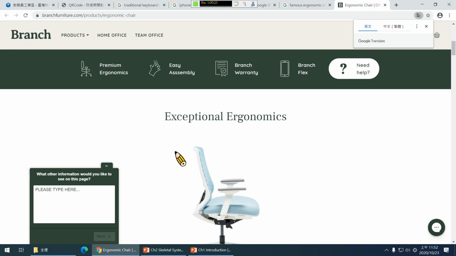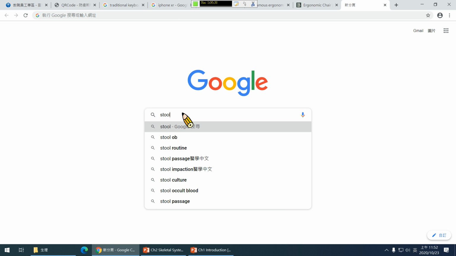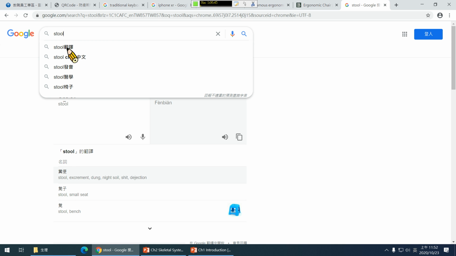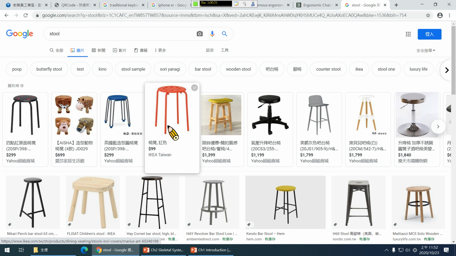So I got rid of it, put it aside, and then I began to sit on this kind of stool. That's what I did.